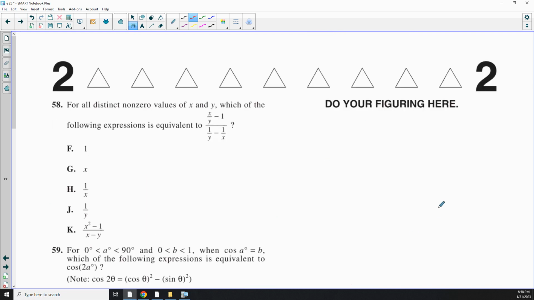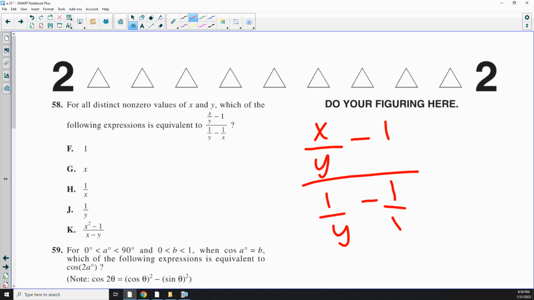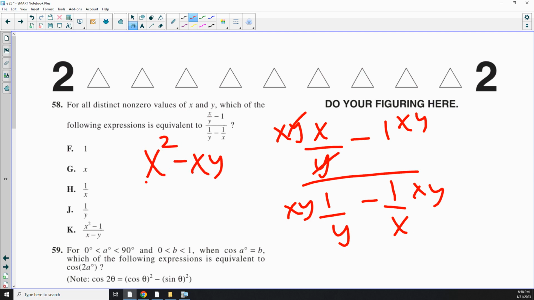Oh boy, we're doing this in Algebra 2. We would multiply everybody by xy, the greatest denominator, huh? Everybody gets an xy. So this guy's x squared, and this guy's x minus y.